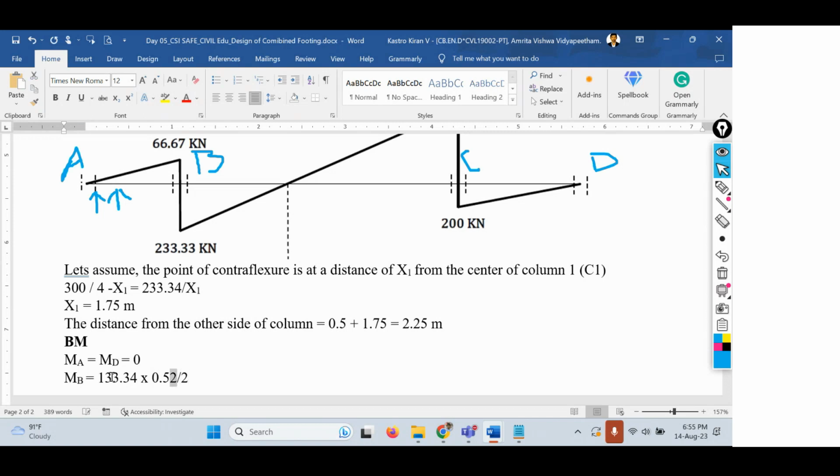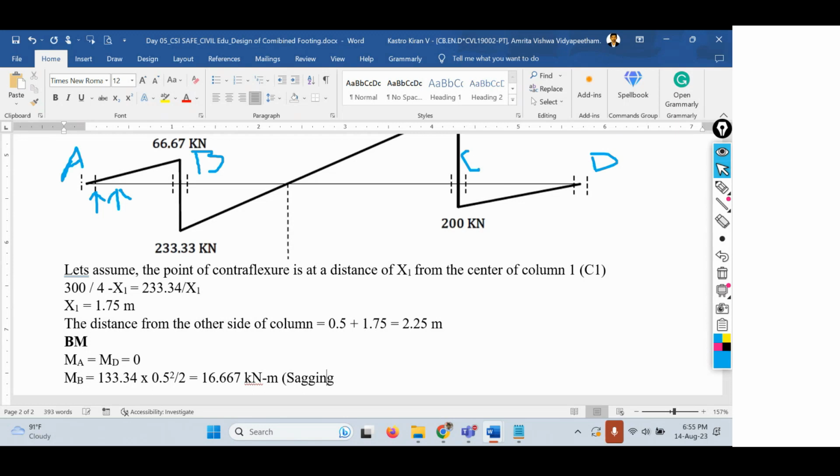That is the distance from B to A. WL square by 2, that's a simple formula. If you solve this, you are going to get the value as 16.667 kilonewton meters.